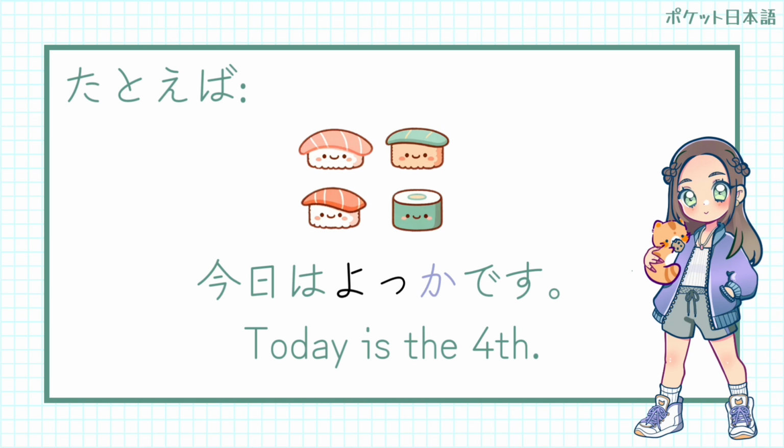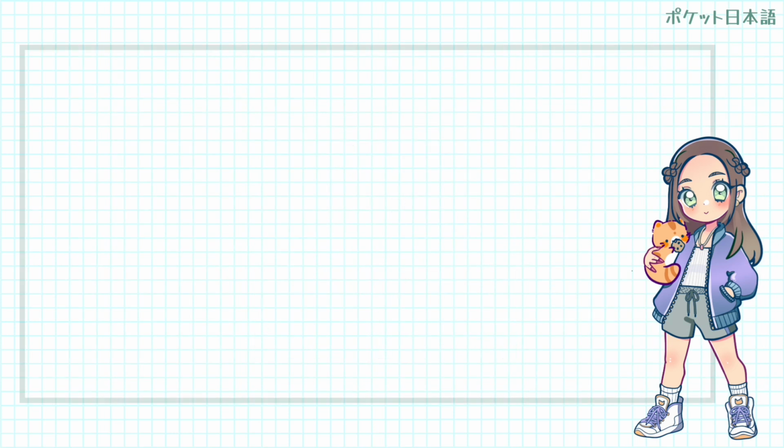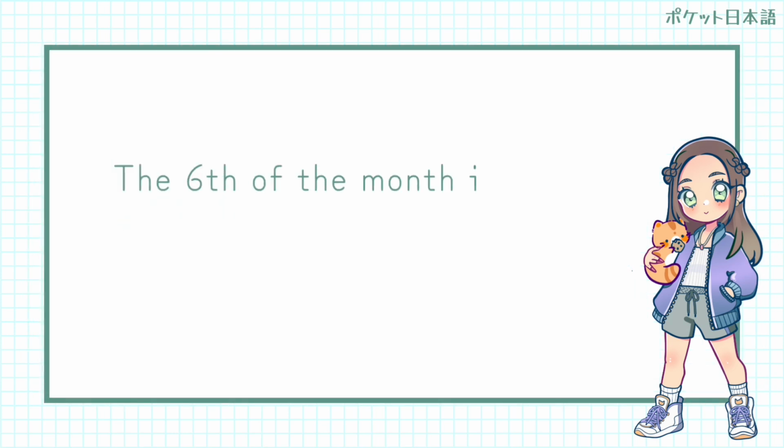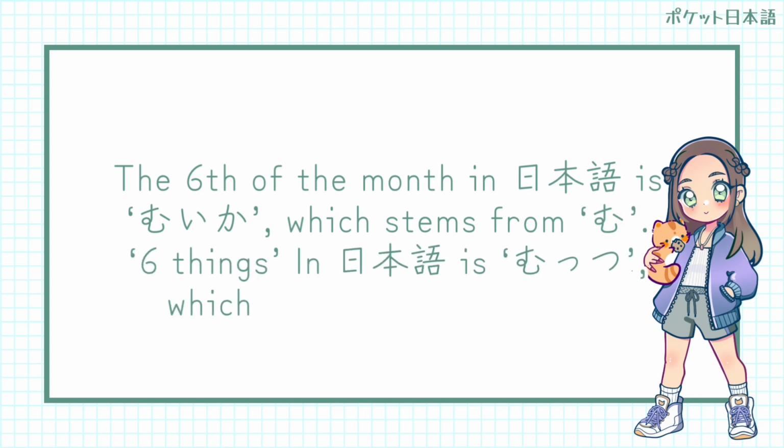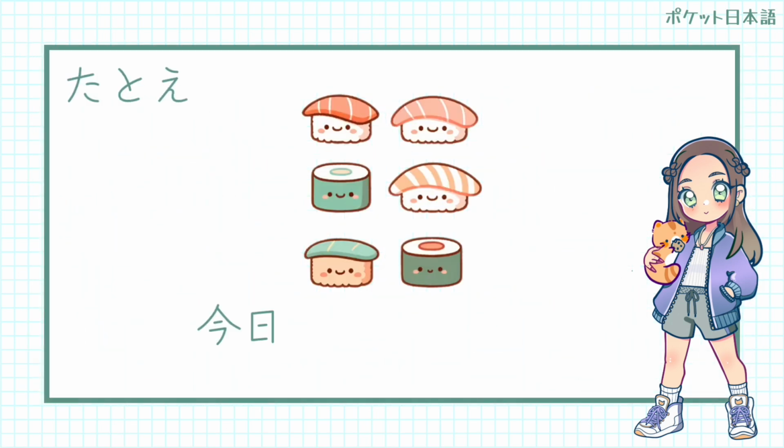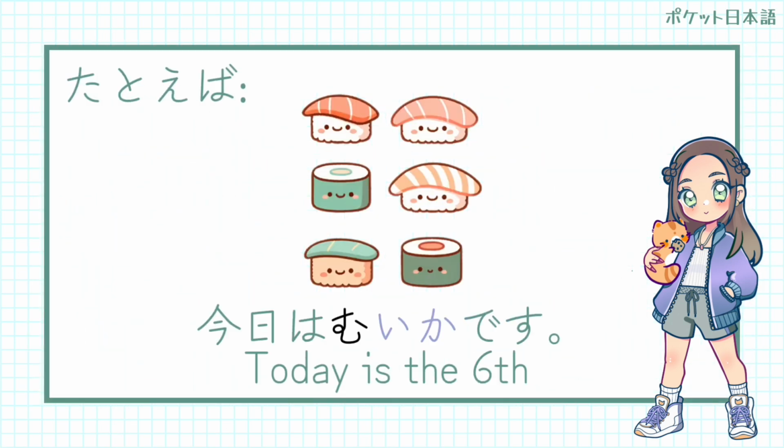Basically, by learning the native numbers, you then only have to learn to change the endings rather than two separate words. Another example, the 6th of the month in Nihongo is muika, which stems from mu. 6 things in Nihongo is mutsu, which also stems from mu. Tatoeba, for example, today is the 6th. Kyou wa muika desu.